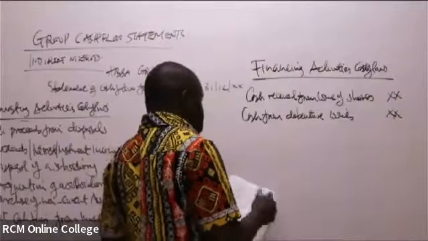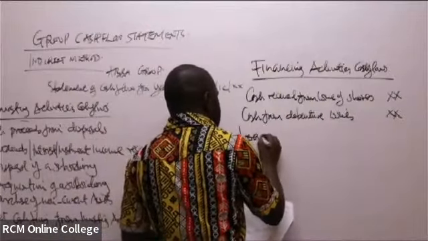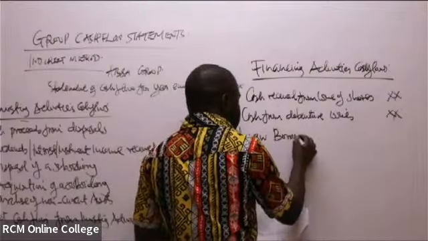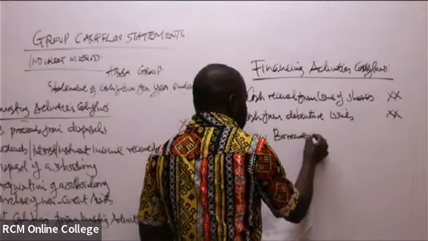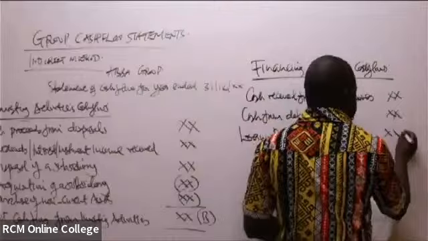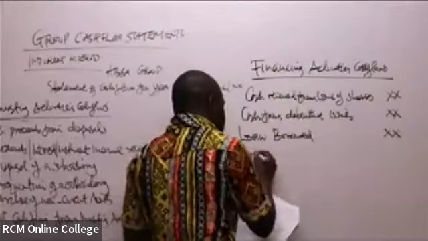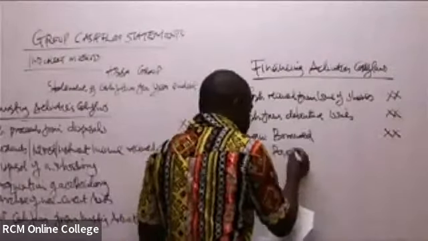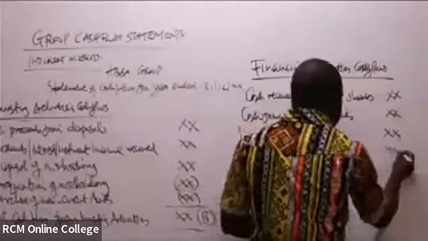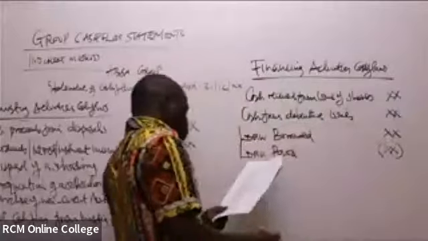Then loan borrowed, the amount borrowed and actually received. Loan paid, that is an outflow, so when you deduct, it is an outflow you deduct.